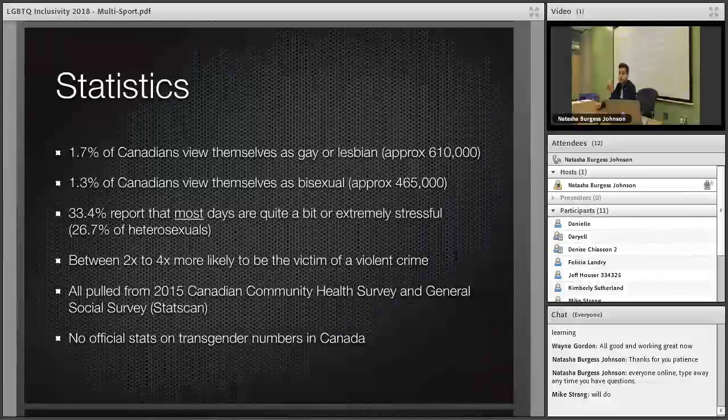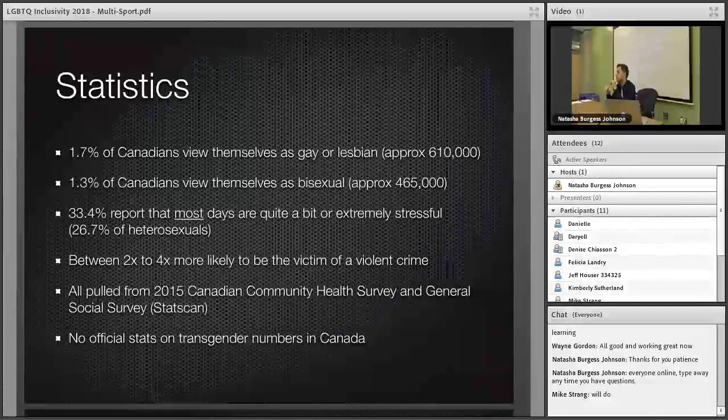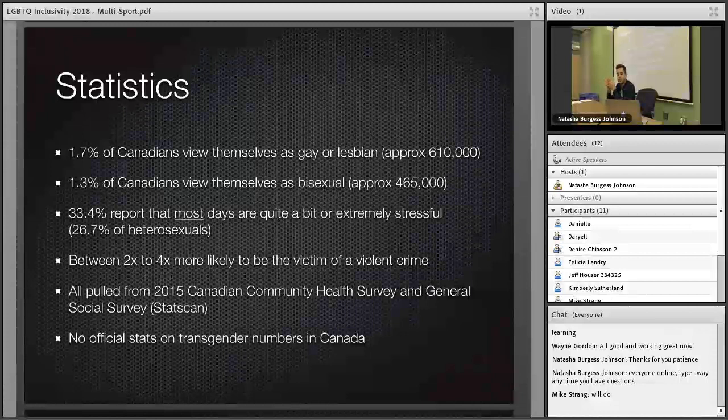So the first two, if you add them together, that's 3%. So 3% of the Canadian population self-identified as either lesbian, gay, or bisexual in the 2015 version of the census.